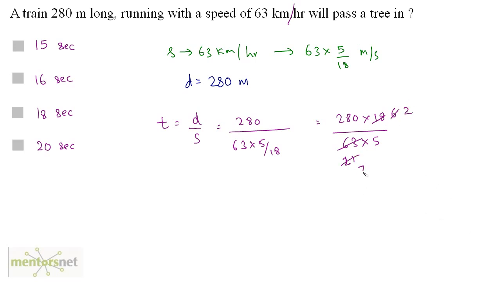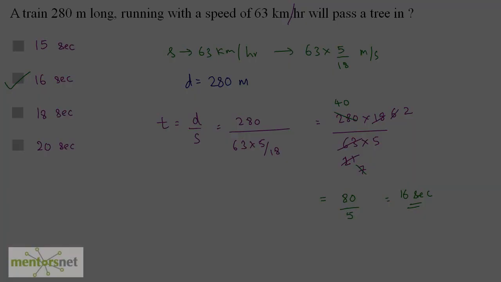Again 3 2s are 6, 3 7s are 21. Now 7 times 4 is 28, so 7 times 40 is 280. So you have 40 times 2 is 80 by 5, and that's equal to 16 seconds. So the answer is option B, 16 seconds.